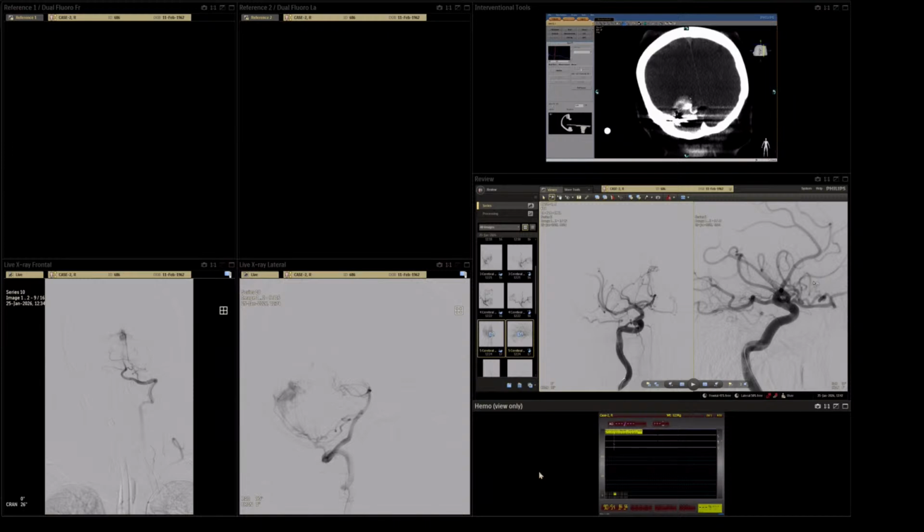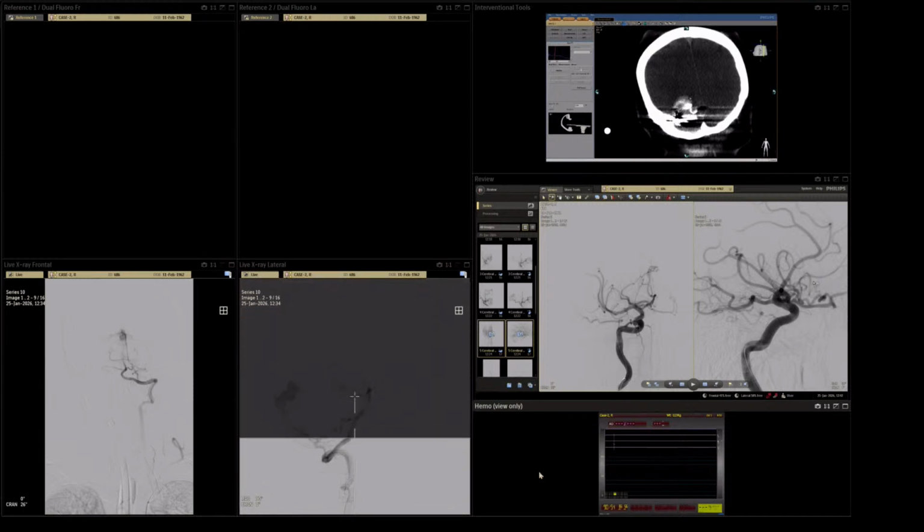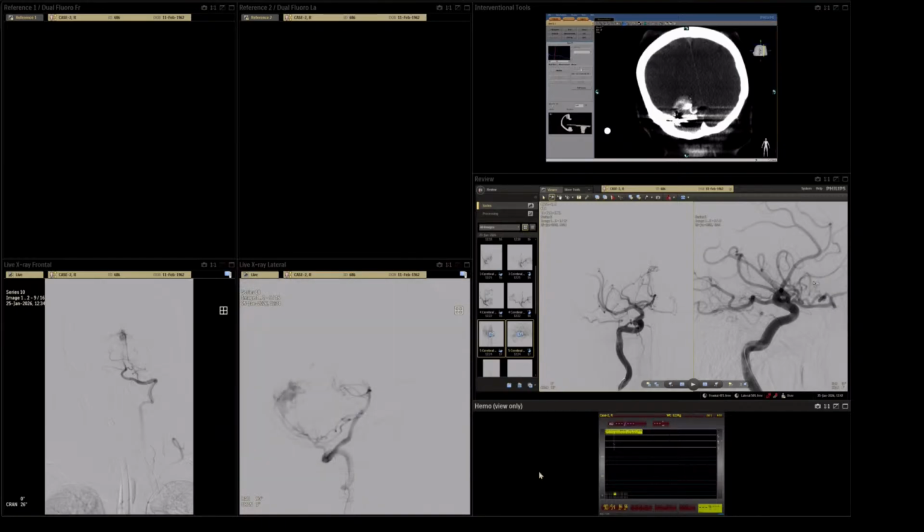Let's place the 6 French sheaths on the left side. Yes, you couldn't see us, but I hope you could recognize my voice. I think the blood pressure is quite low.